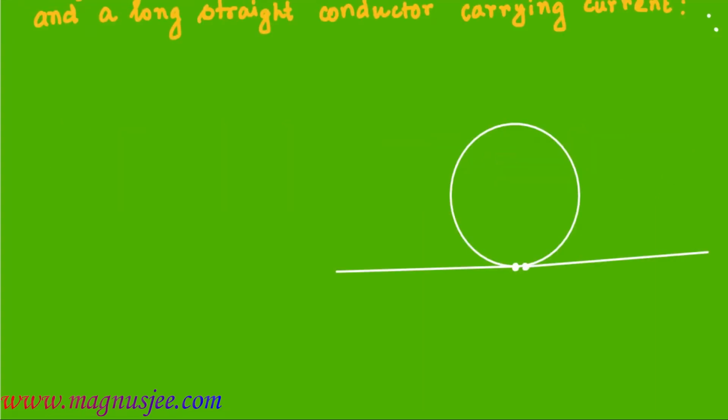In the diagram, we have a circular loop and a long straight conductor. A and D are two points of the circular loop, and another point of this circular loop is C. XY is the long straight conductor.